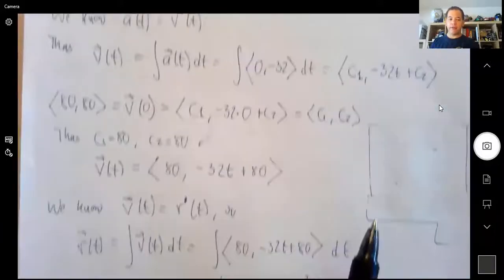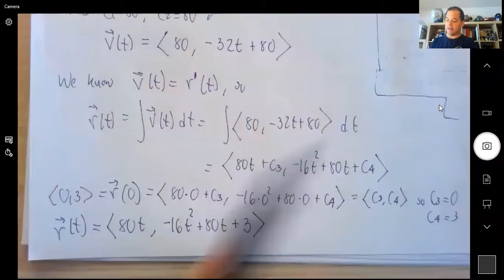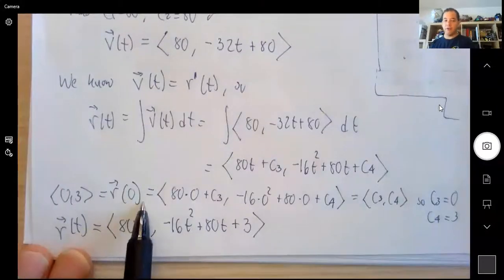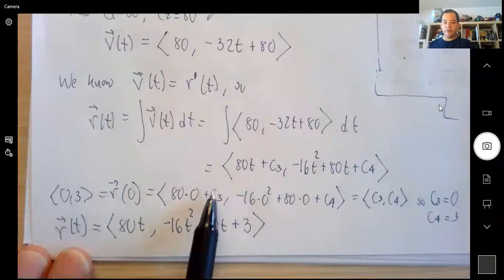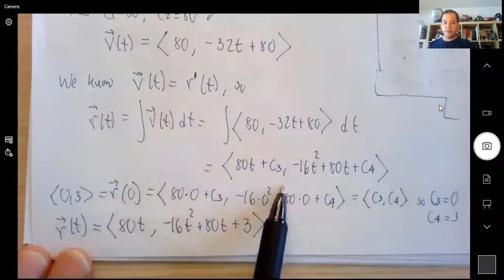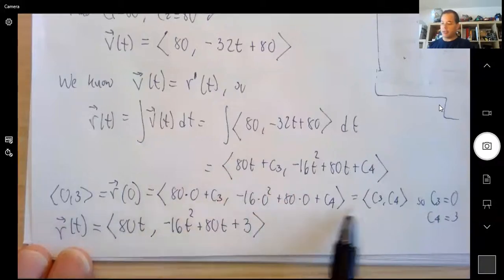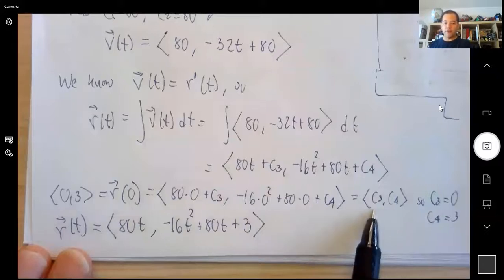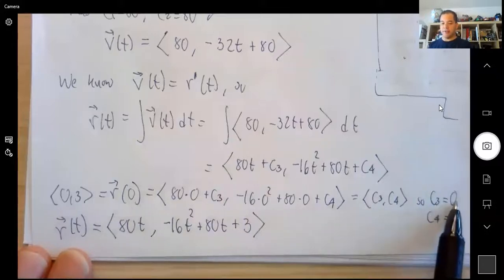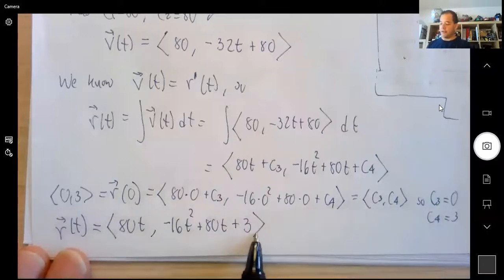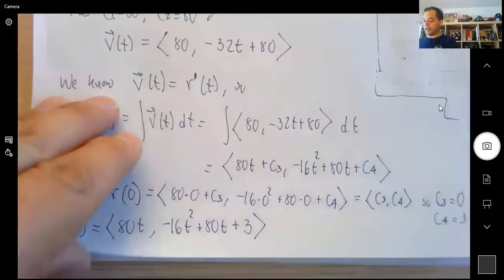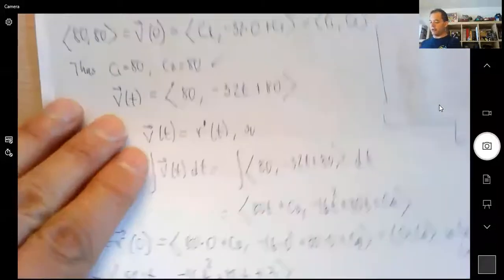So then we go back down here, and 0, 3 is r of 0. We plug in 0. So this term cancels, these two terms cancel, and we get C3 and C4. So this tells me that C3 is 0 and C4 is 3. So finally, we got the position function, all right? So now we can get to the other questions.